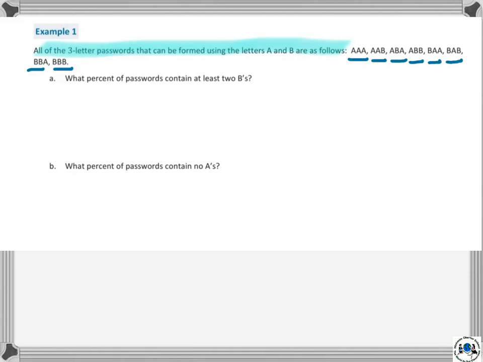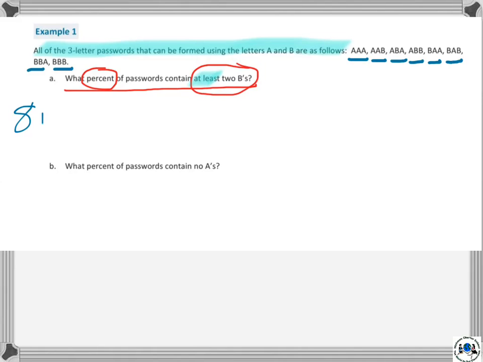There they are. Two questions. A, what percent of passwords contain at least, a very important determination, at least 2 B's? Why don't you go ahead and do that and come on back.